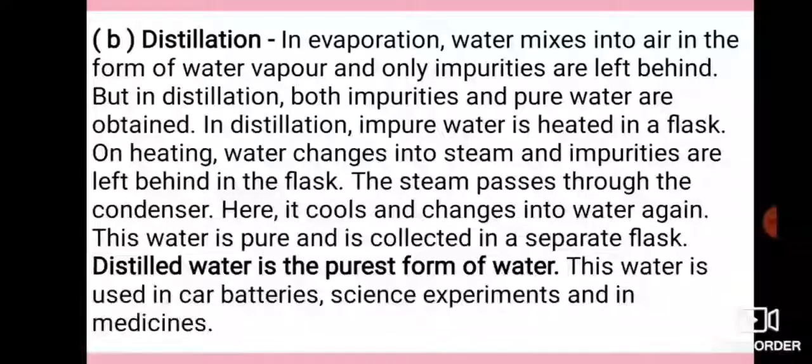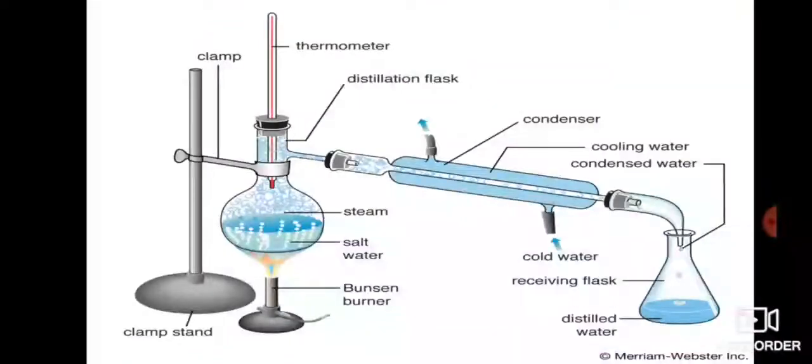Clouds form when water vapor in the atmosphere rises and meets cool air. This cool air causes the water to condense into droplets. The same process of condensation is at work during distillation, which is essentially when a liquid is purified through temperature changes. Let me explain with the help of this diagram.